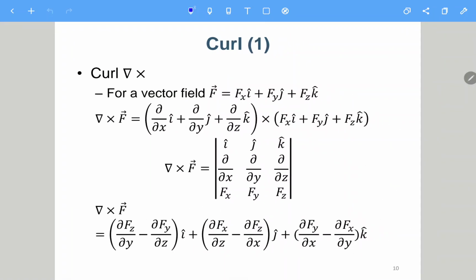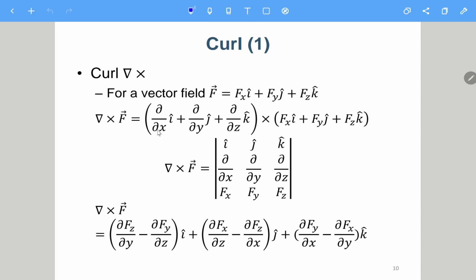And then next is called the curl. It looks a little bit more complicated. At least it has a total of 6 terms. Still, you can consider it like a gradient operator crossed with a vector field f.